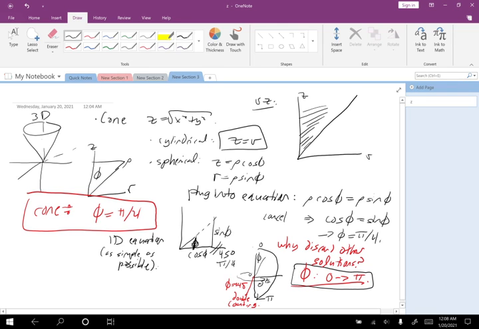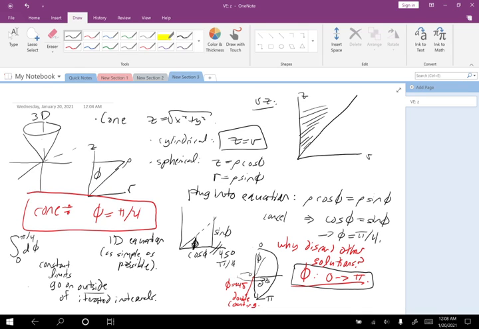And when you're doing integrals, very simple things like this are nice because constant limits go on the outside of iterated integrals. And the more constants you have, the more your complexity would be reduced a lot.